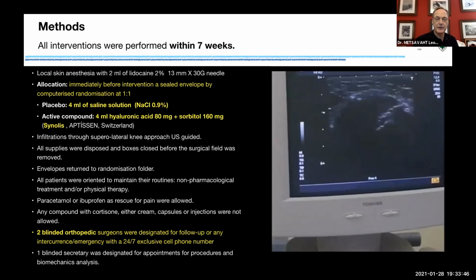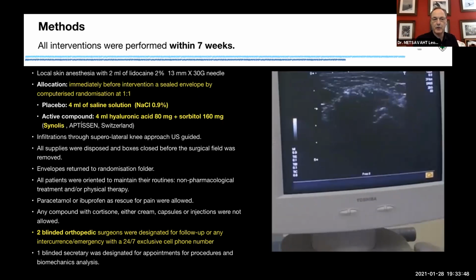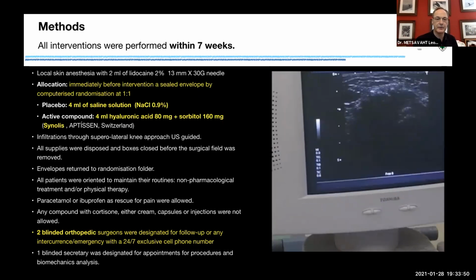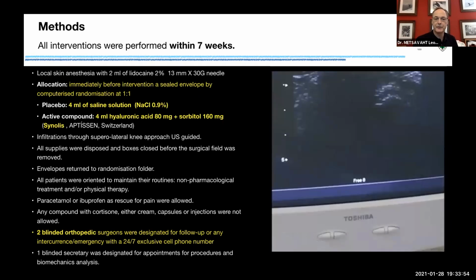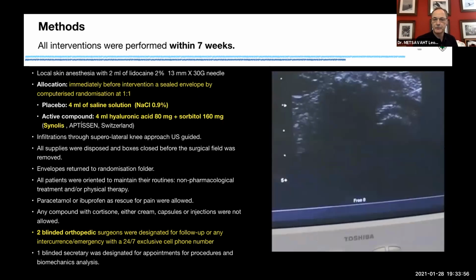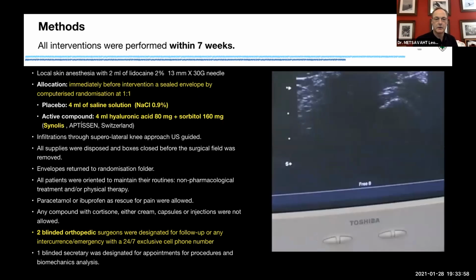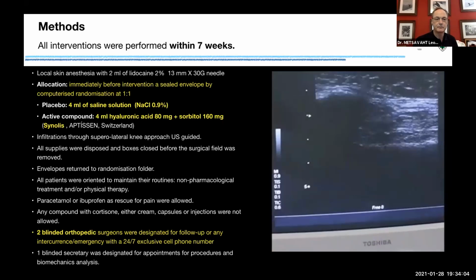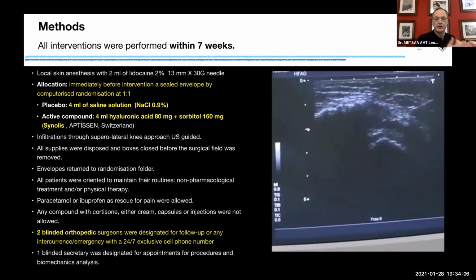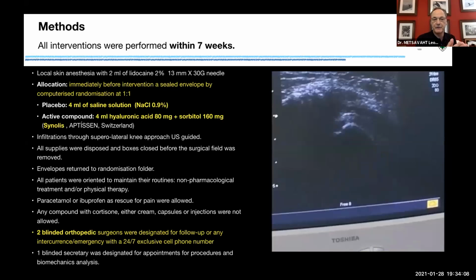And then we chose if it was placebo or active compound through the randomization. All the infiltrations were performed through the superolateral approach and guided by ultrasound. All supplies were deposited in boxes and closed before surgical fluid was removed. The envelopes returned to the randomization folder.